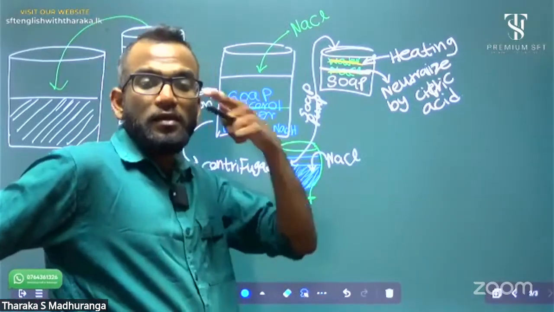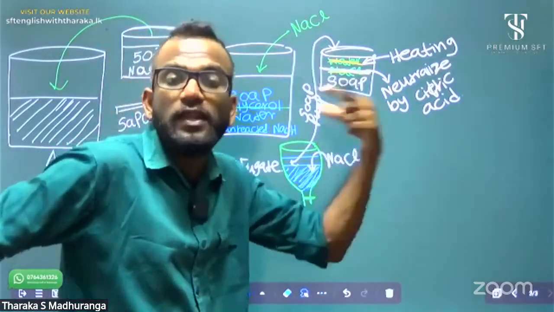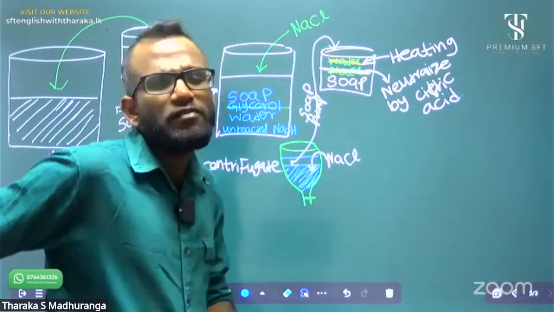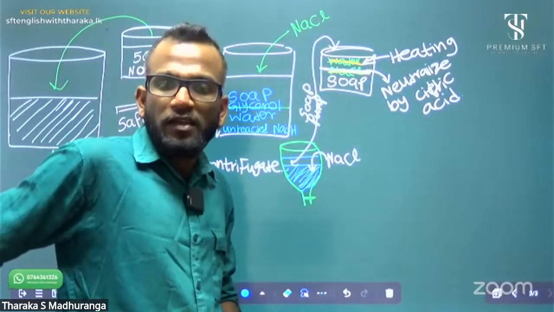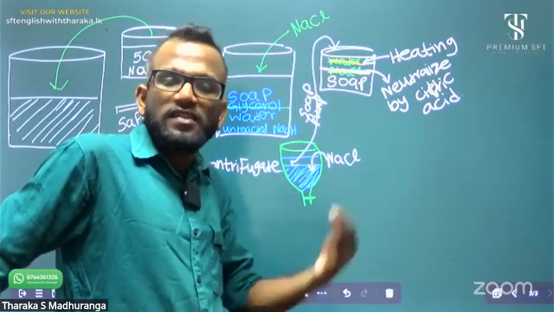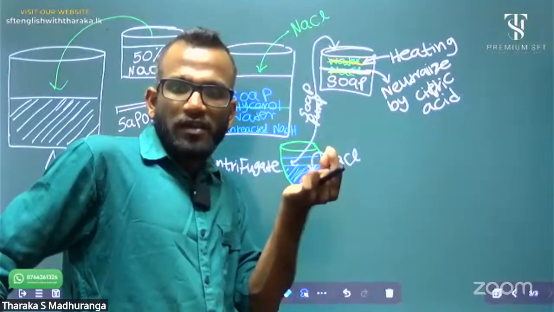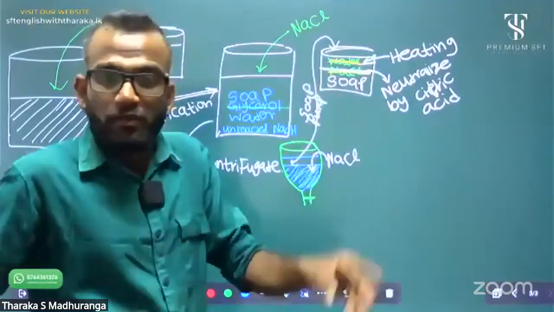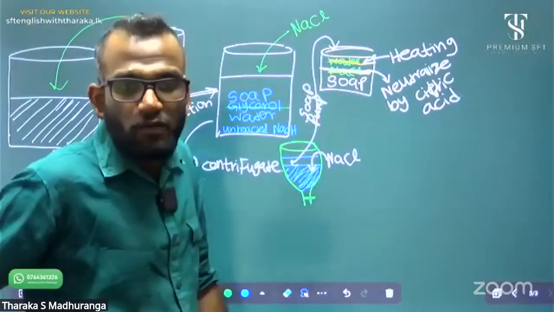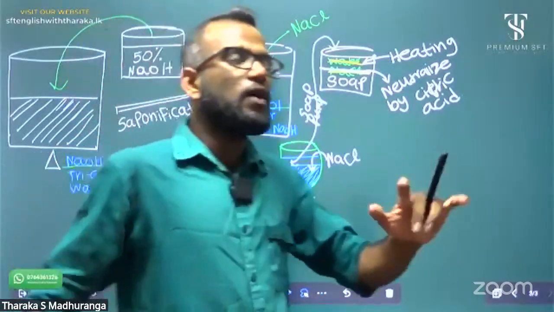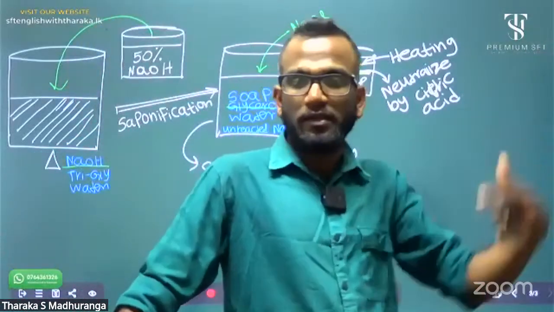Now we have to introduce a filling agent. Why do we need to add filling agents? Because it is still a very thick solution. We can't use it as a solution, so we need it in solid form, and I want to increase the quantity.